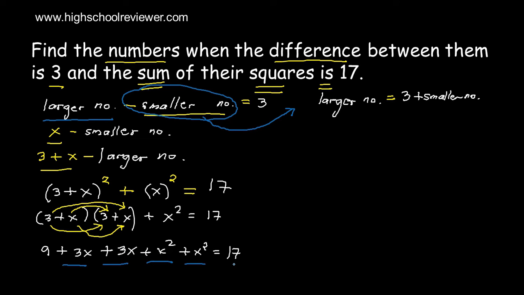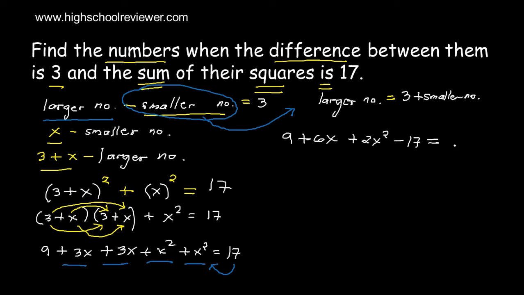Then we will transpose the 17 from the right to the left. We will have here 9. 3x plus 3x will be plus 6x. Plus x squared plus x squared would be plus 2x squared. And if we transpose positive 17 to the left, it changes sign and becomes negative 17.